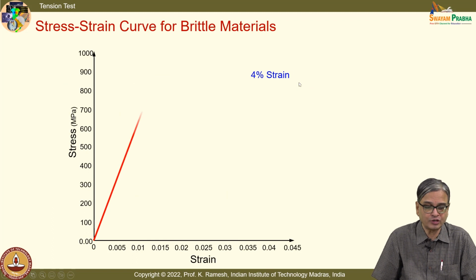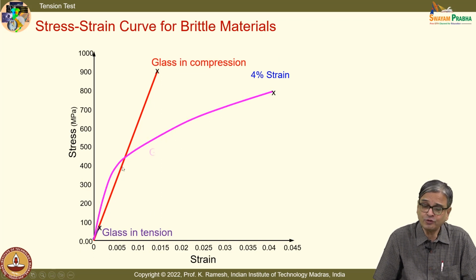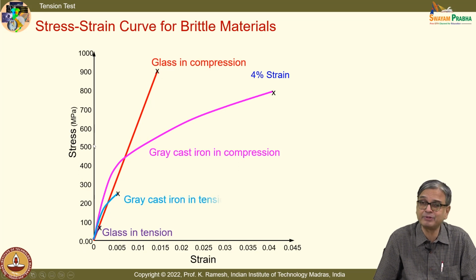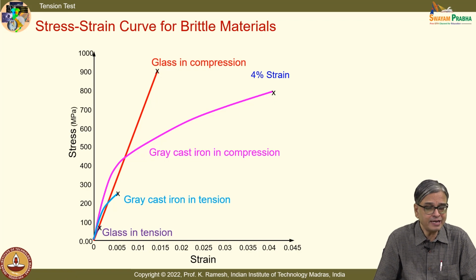And I have also shown that this is about 4% strain, and you observe this and then find out, I want you to draw the graph. Draw the graph with the axis labeled. It is very important because I would like you to be sensitized on the numbers. When I have a brittle material, the maximum strain is within 4%, which is listed as 0.005 in numbers.